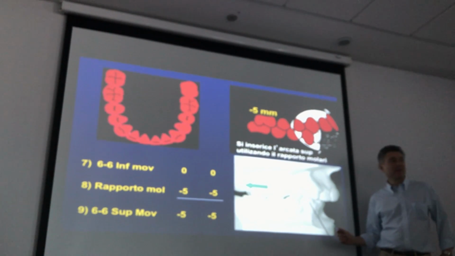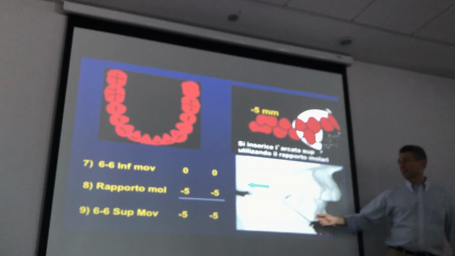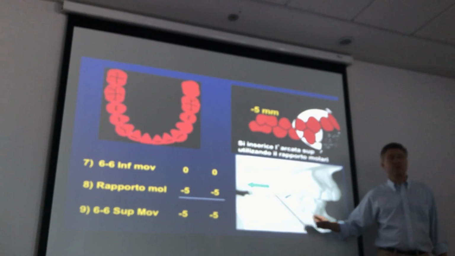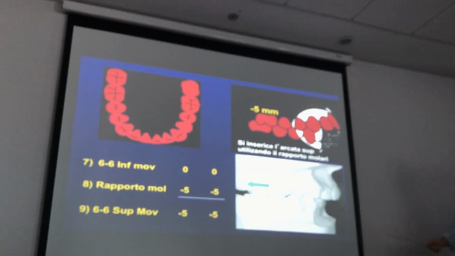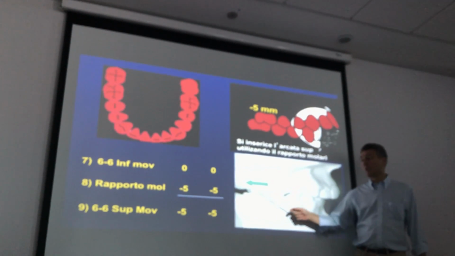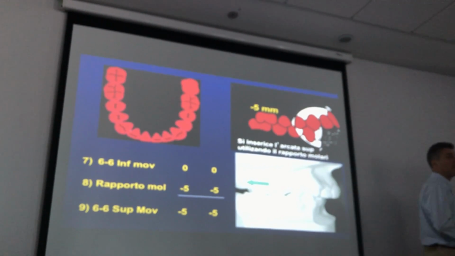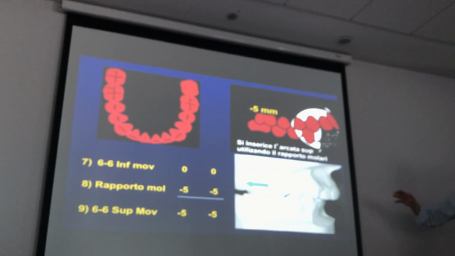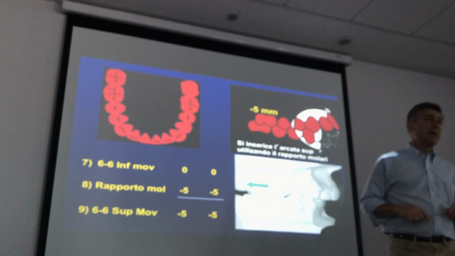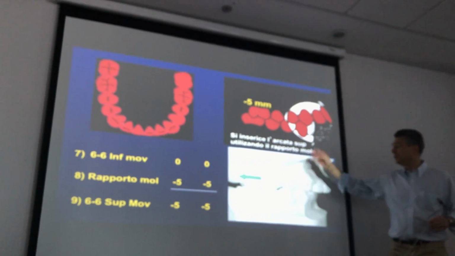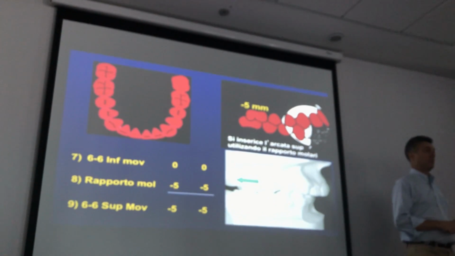Attached is the canine. So, if you have this here, you cannot have all the arch in the right position. But if you have this in a right, good position, you can easily move it, and you do everything, and you don't have any Bolton discrepancy. Everything else should fall in the right position.